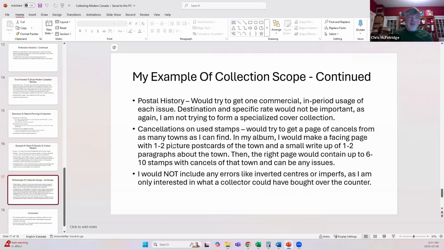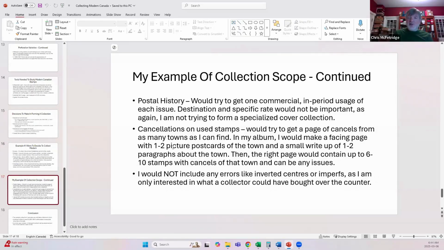Cancellations on used stamps, I'd try to get a page of cancels from as many towns as I could find. In my album, I'd make up a facing page with a couple of picture postcards of that town, maybe a small write-up of 1 to 2 paragraphs about the town, and then the right page, I might pick 6 to 10 stamps with cancels of that town, and they can be any issues.